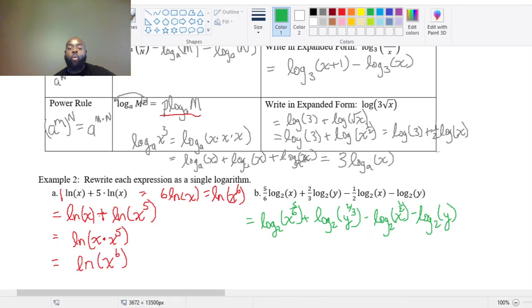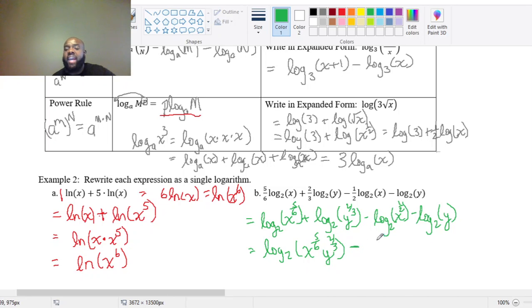Now, I want to simplify this until I get to one single logarithm, because all of our logarithms are at base 2, the same base. Notice here that both of these are positive and both of these are negative. In fact, what I'm going to do here, and you don't necessarily have to do this, but since these are added together, I'm going to go ahead and write them as a product. That'll be x to the 5/6 times y to the 2/3.